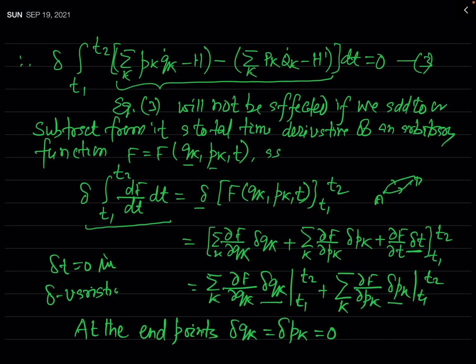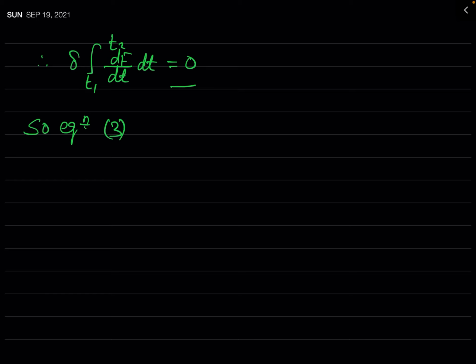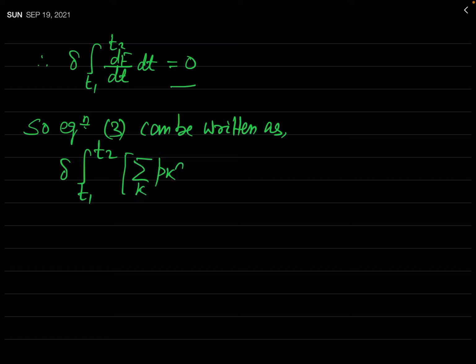Equation number 3. You can see, so the equation 3 can be written as, delta integral from t1 to t2, summation over k pk qk dot minus h, this is inside the first bracket, minus summation over k capital Pk capital Qk dot minus H prime, this is the new Hamiltonian, and minus df by dt.